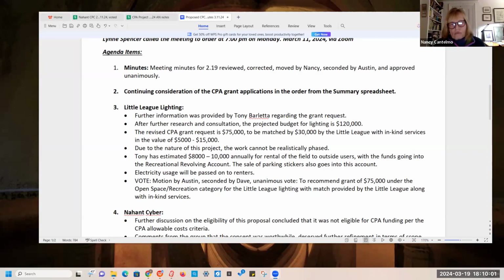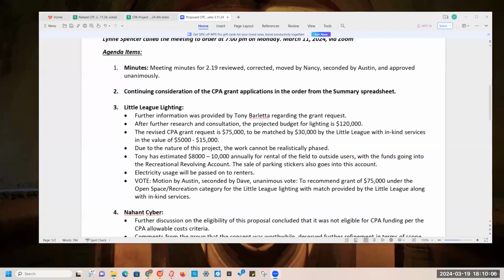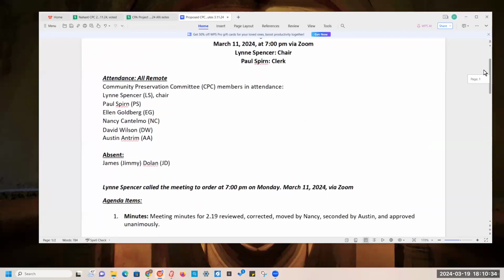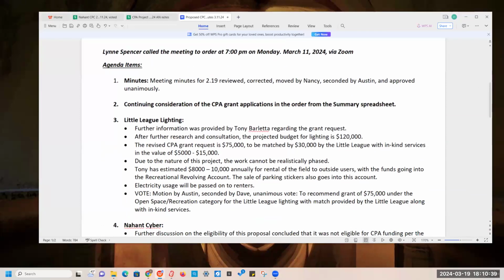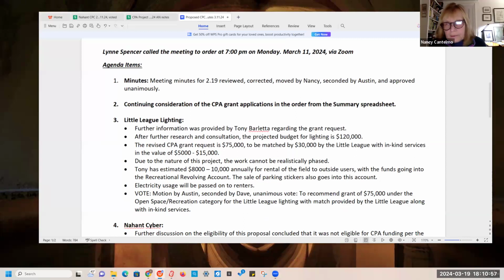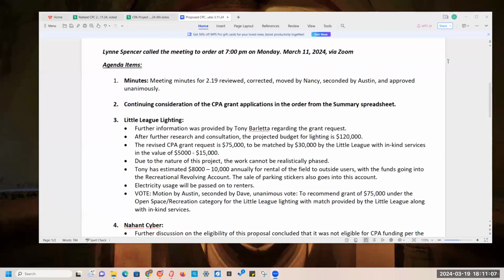Okay. How many people do we need for a quorum? I think just a majority.